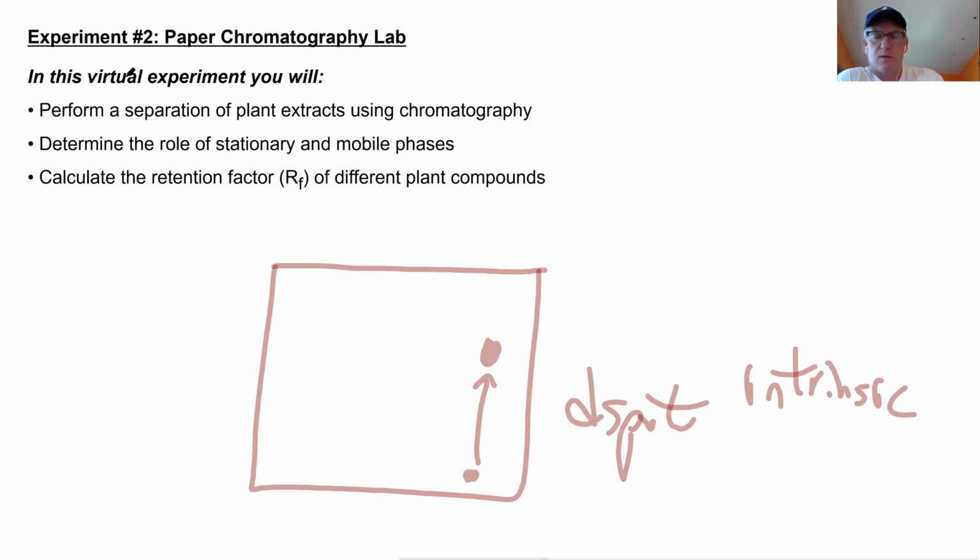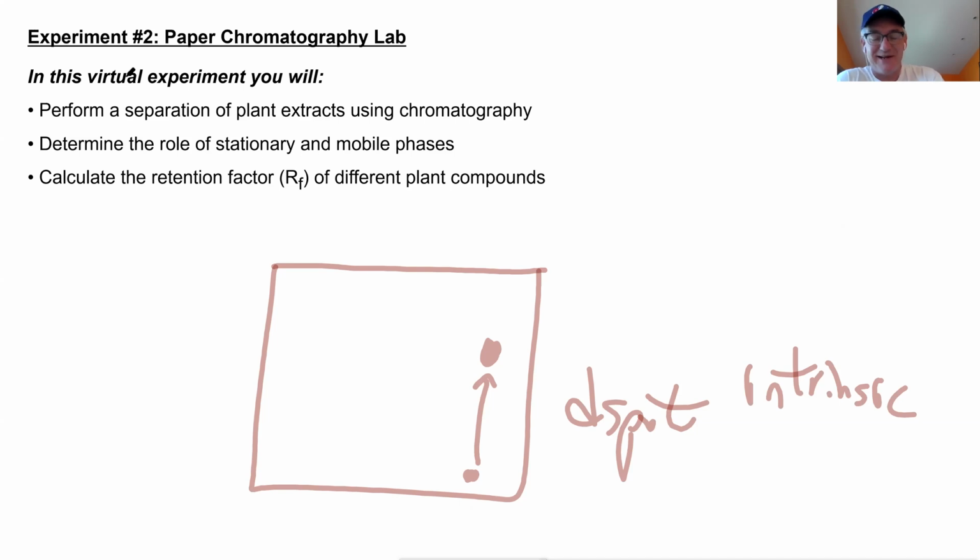Like the matter isn't changing or the mass isn't changing. Right. In a sense, that is correct. The distance it moves is not dependent on the amount of material. Does that alone make it an intrinsic property? Yes.